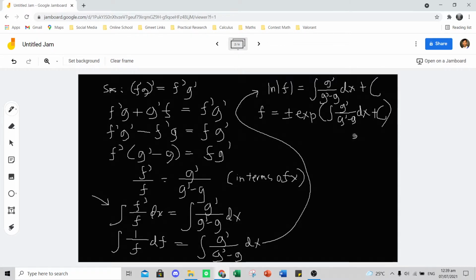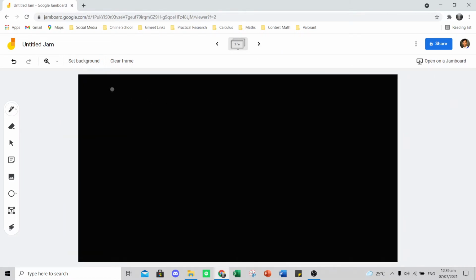And we can suppose that e raised to c is equal to a, and we have the final formula for f to be plus or minus a exp of the integral inside.